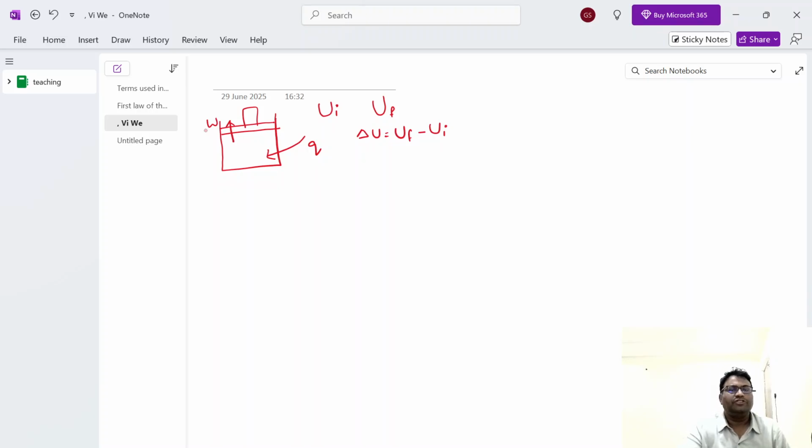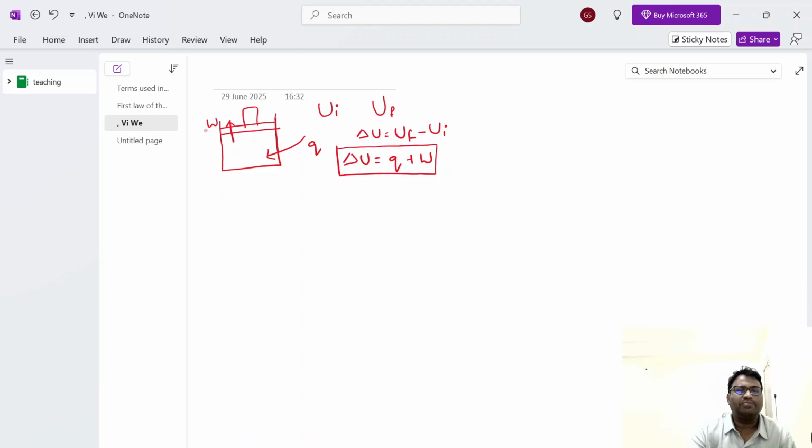The other way of speaking about the first law is that this change in the internal energy is equal to the sum of the heat energy absorbed plus work done. So delta U is equal to Q plus W.